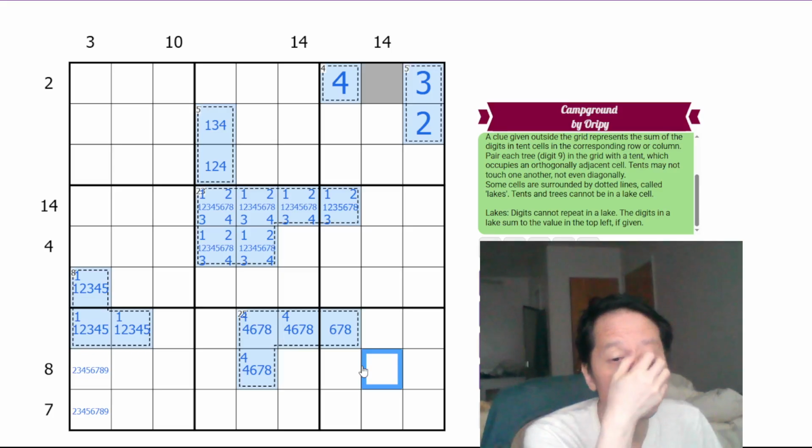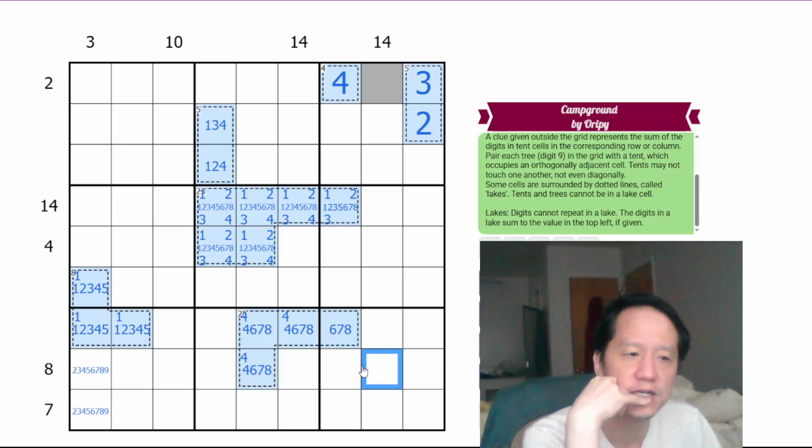If there are 2 tents, it's specifically 6 and 8 and 6 and 8, right?